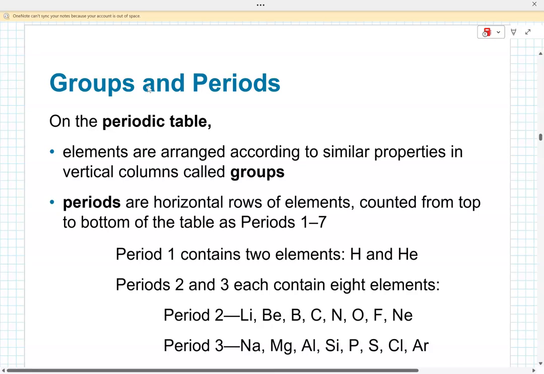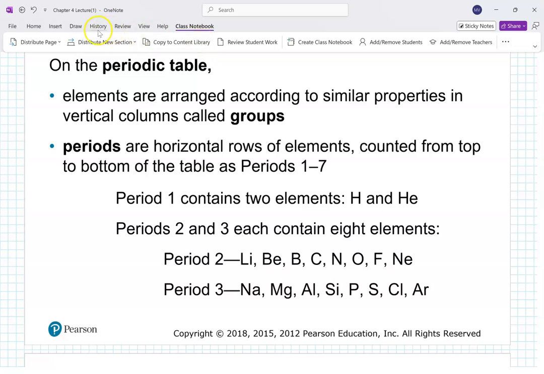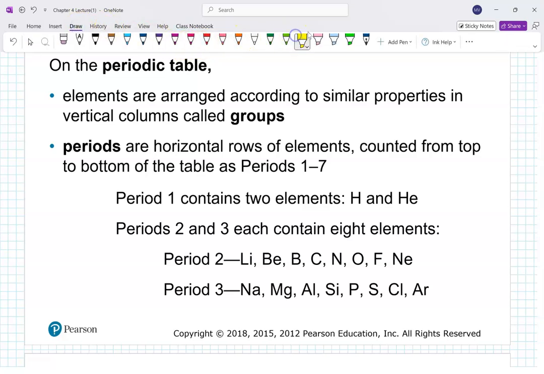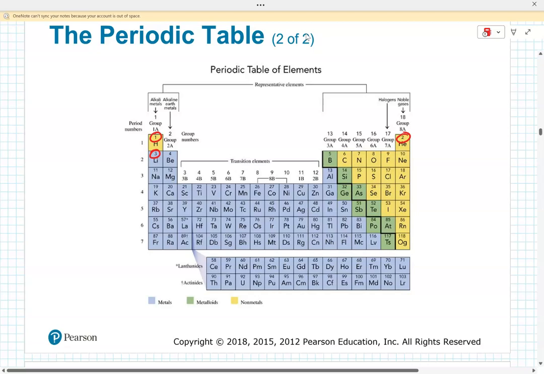Okay? So structurally, you have periods, which are horizontal, and columns, also known as groups, which are vertical. Does that make sense, everybody? So if we go back here, or you can look at the periodic table behind you, you can see that the periods are numbered from 1 to 7.